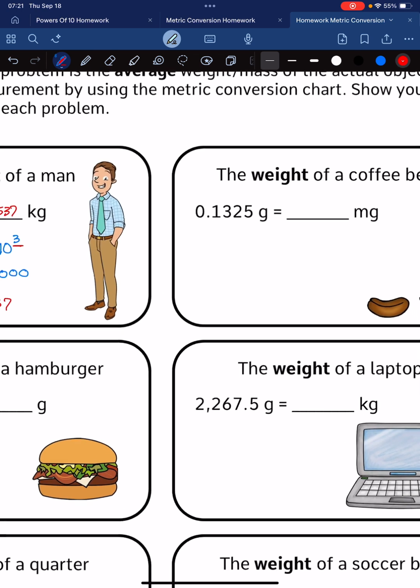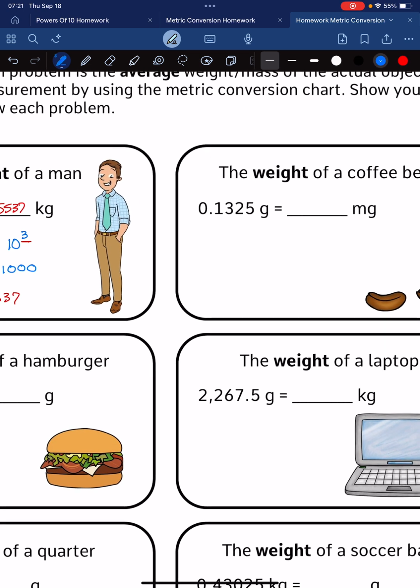Okay. So I have 0.1325 grams times 10 to the third power. 0.1325 grams times 1,000, right?